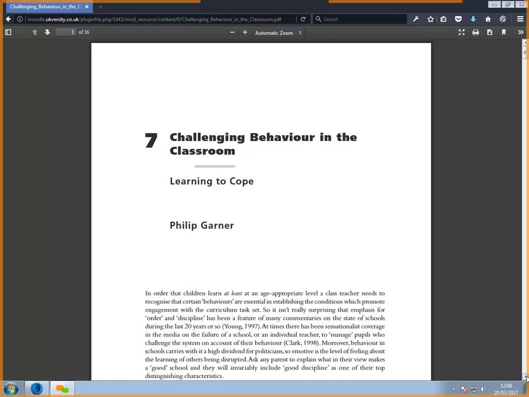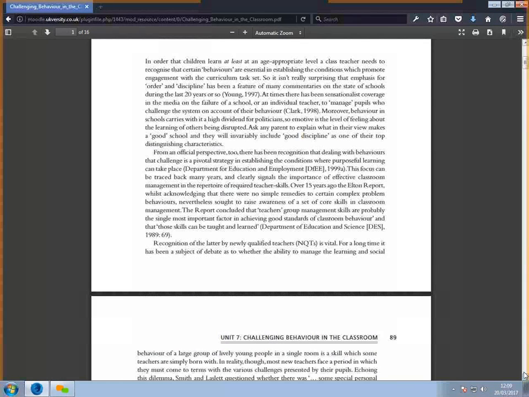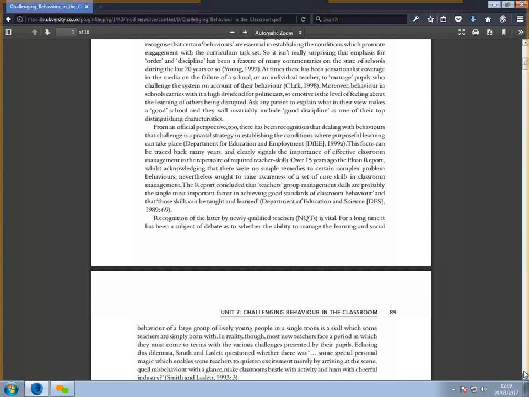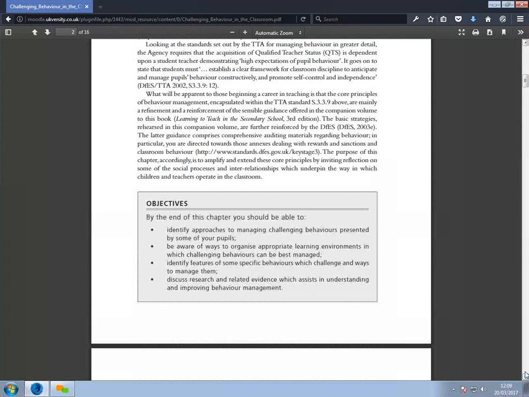Okay, now let's look at a number of things in this e-book. It's looking at children, it's looking at all people, and it's looking at objectives. By this chapter, we will identify approaches to managing challenging behaviour presented by pupils, be aware of ways to organise appropriate learning environments in which the challenging behaviours can be managed, and identify features of some specific behaviours which challenge the ways to manage.